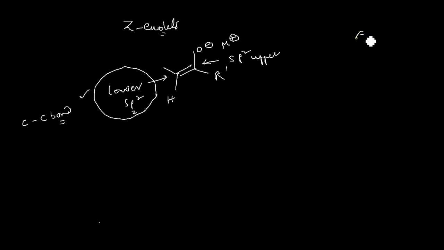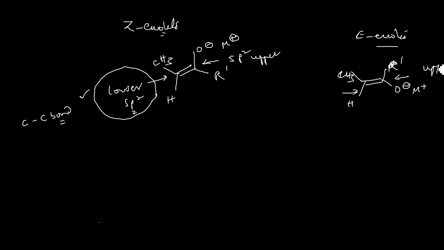So you have another enolate, that is also E enolate. Right? Now this also has two sp2 carbons, upper sp2 and lower sp2. So I told you, since it is an sp2 carbon containing molecule, this molecule is also a planar molecule.